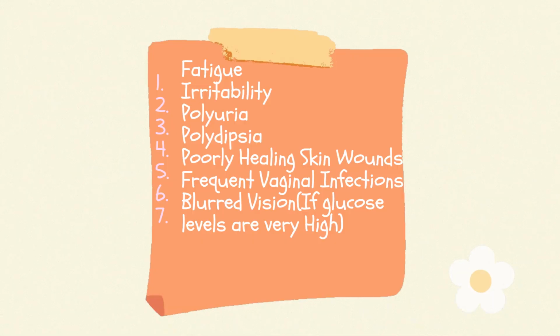If the patient experiences symptoms, they are frequently mild and may include fatigue, irritability, polyuria, polydipsia, poorly healing skin wounds, vaginal infections, or blurred vision if glucose levels are very high.